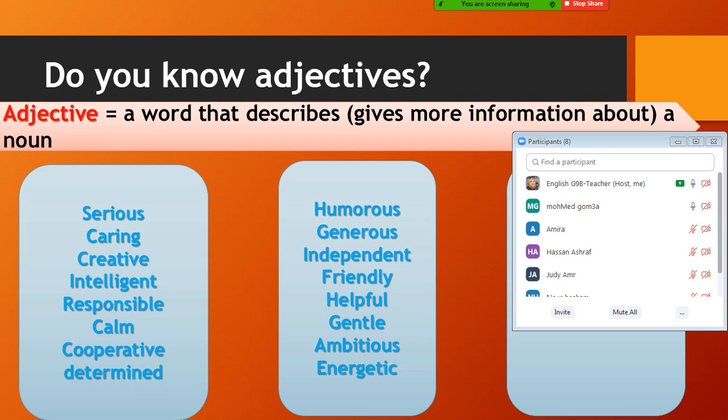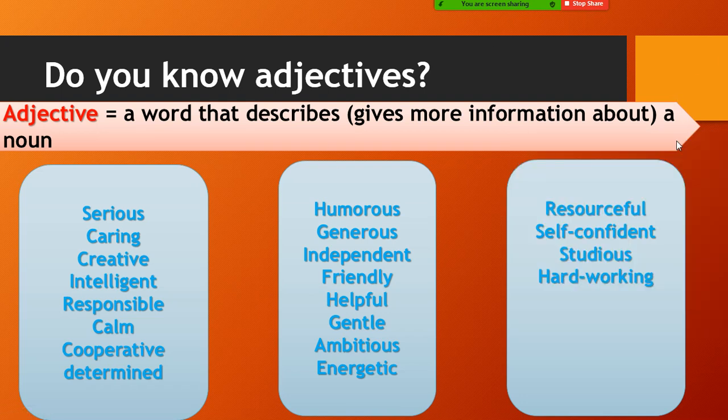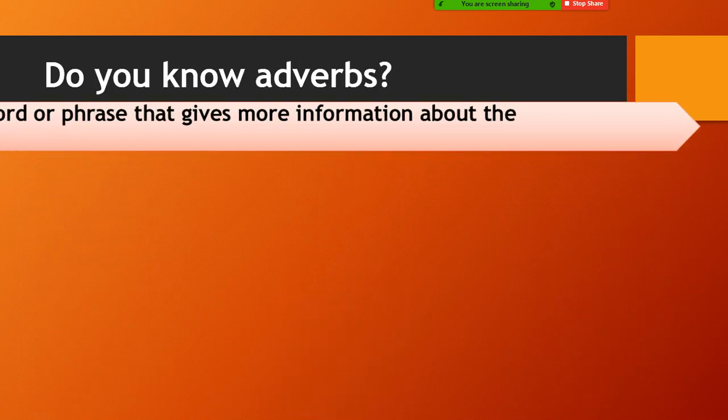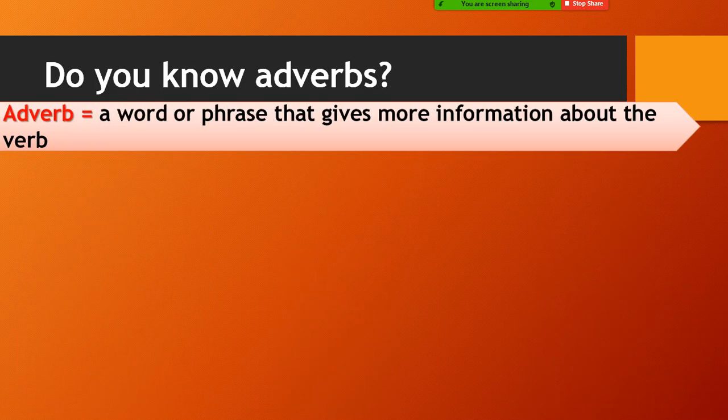So far we know the noun, the verb, and the adjective. And we said that the adjective describes the noun only. What about the verb? The verb, as you said, is described by the adverb. It's a word or phrase that gives more information about the verb itself.